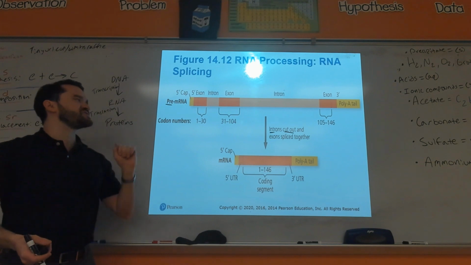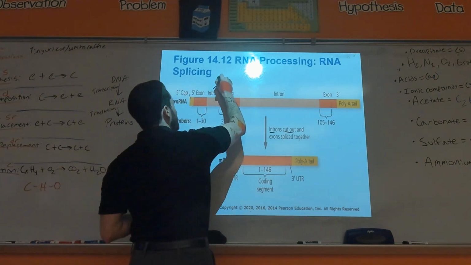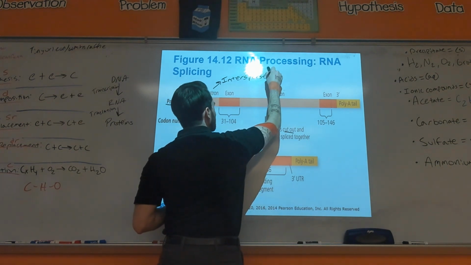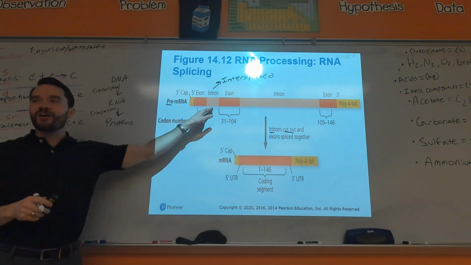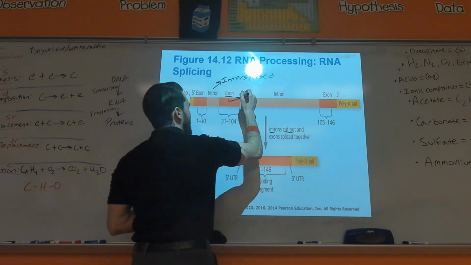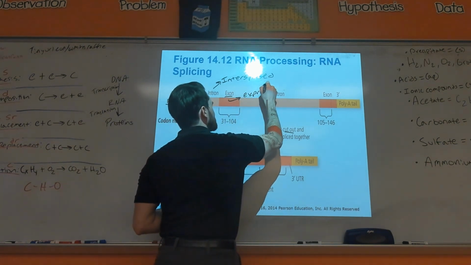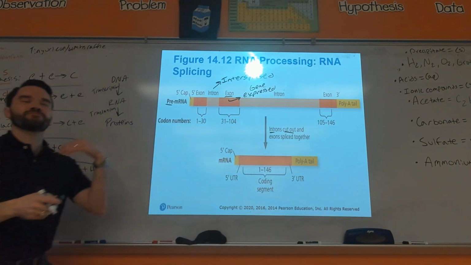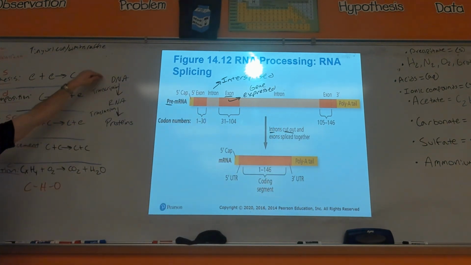They were like, we call them introns because they are interspersed regions of mRNA that are not expressed. Exon is for expressed, as in gene expression. Genes are on DNA. Gene expression is when you use that gene to make proteins.